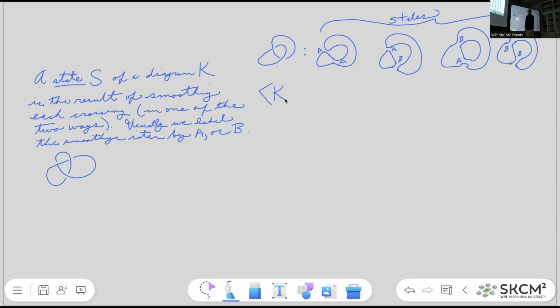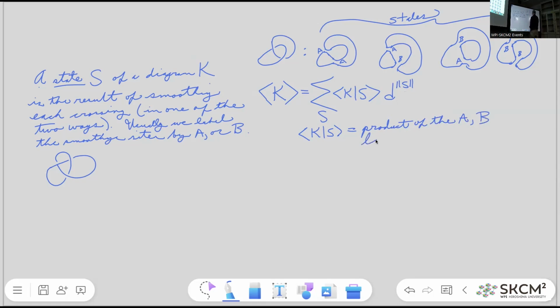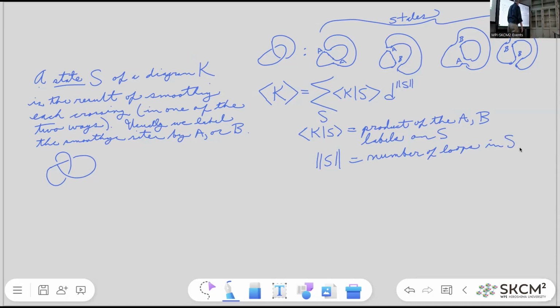I claim that the bracket of K is equal to the sum over the states S of K_S, where K_S is equal to the product of the A and B labels on S, times d to the norm of S, and norm S is equal to the number of loops in S. That makes it well defined.